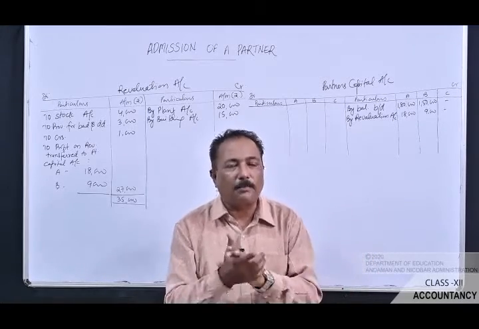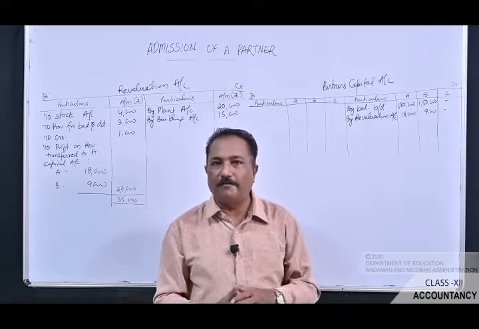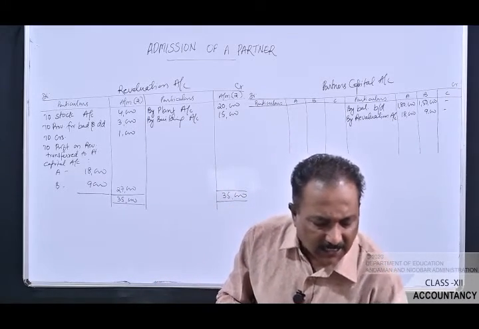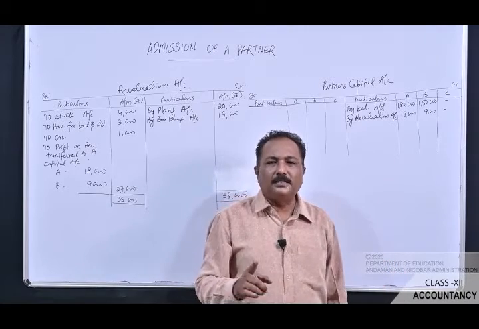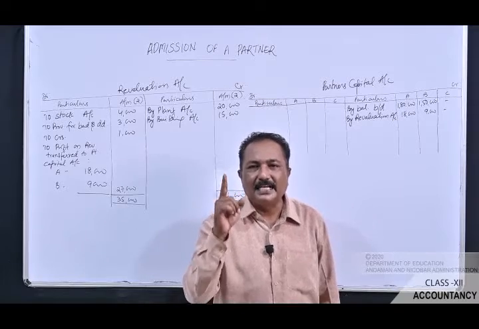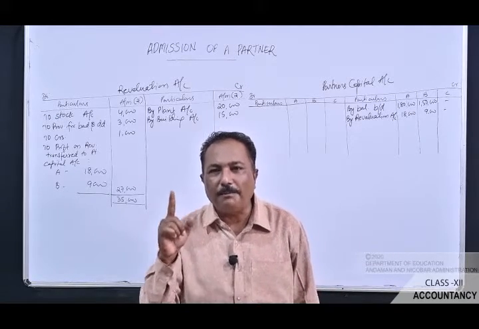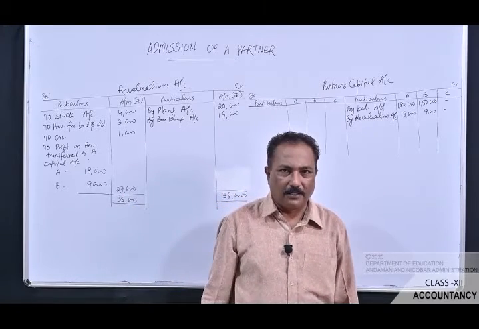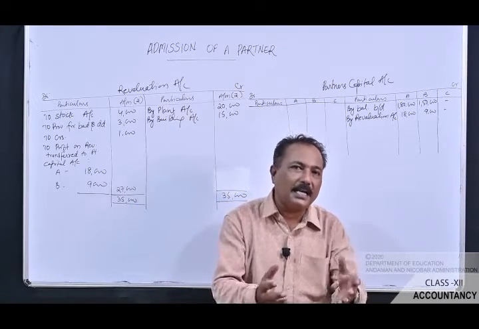Now let's pass on to the additional information. In the first additional information, it is very clearly said that C will bring rupees 1 lakh as his capital and rupees 60,000 as his share of goodwill for 1/4 share in the profit. Now see here in this case, what general entry will be passed?